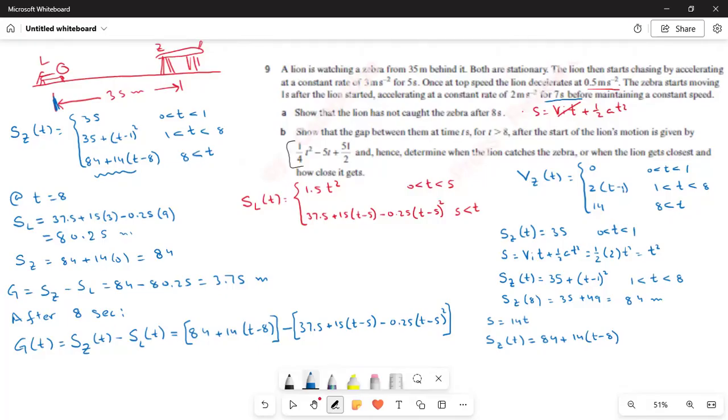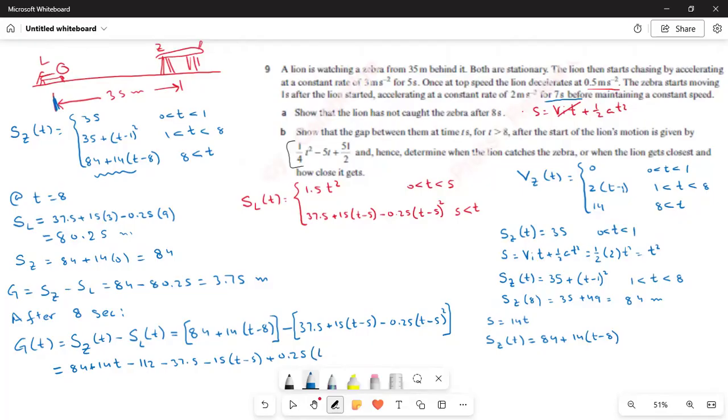Okay, so let's try to simplify. It is 84 plus 14t minus 14 times 8, which is 112, so minus 112, minus 37.5, and minus 15 times t minus 5, and plus 0.25 times.